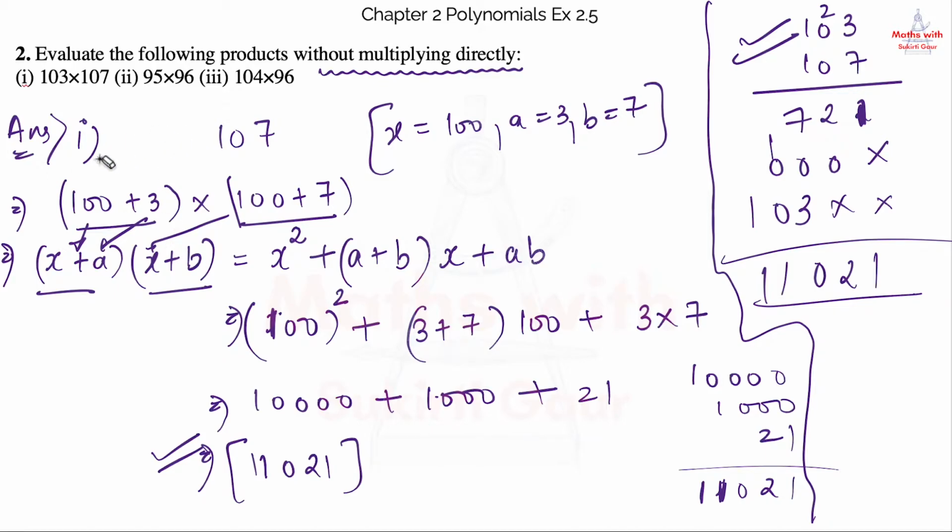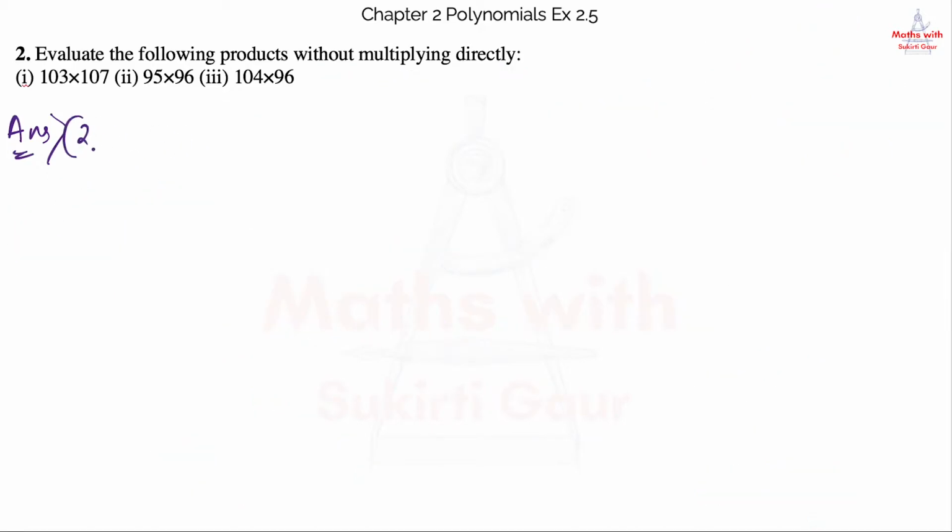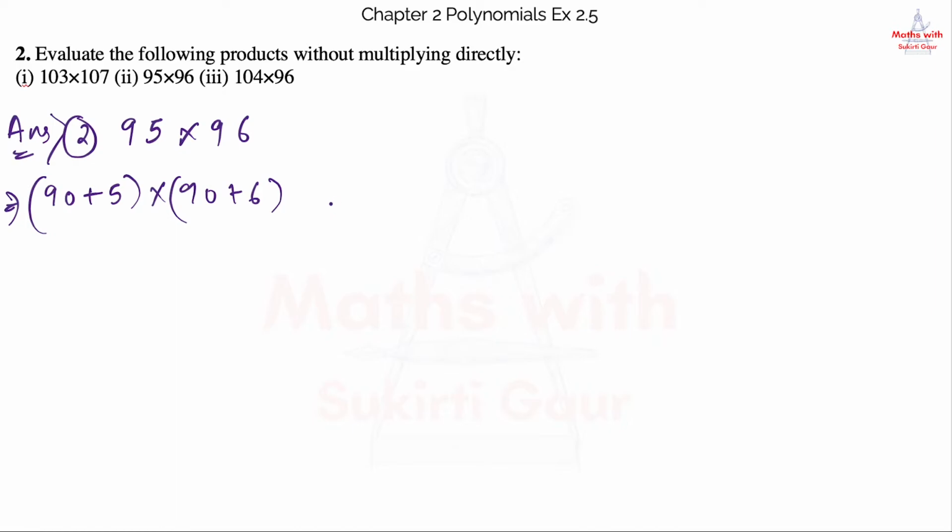Now coming on to the next part. Second one is 95 into 96. Now in this one also we are going to apply (x plus a) into (x plus b). How can we write this 95 into 96? 90 plus 5 into 90 plus 6? Or we can also write it as 100 minus 5, 100 minus 4. Whichever way you like.